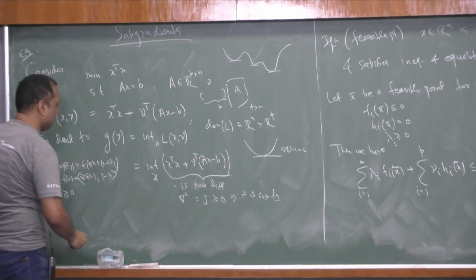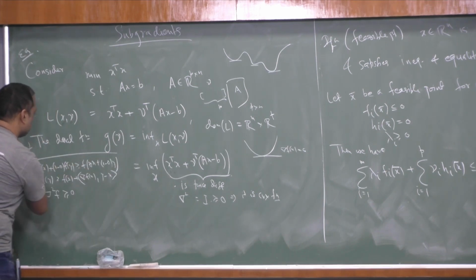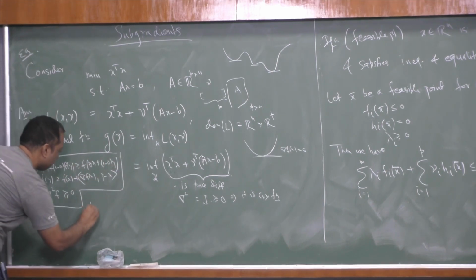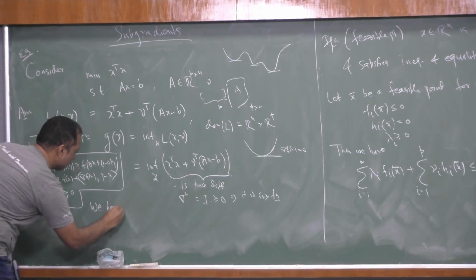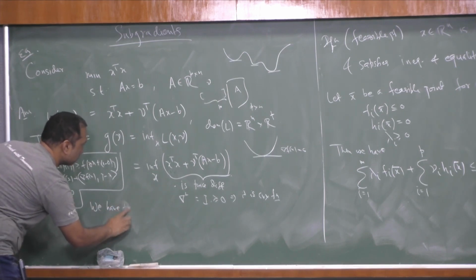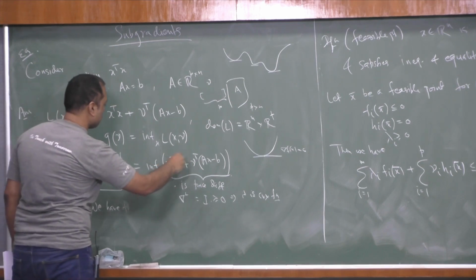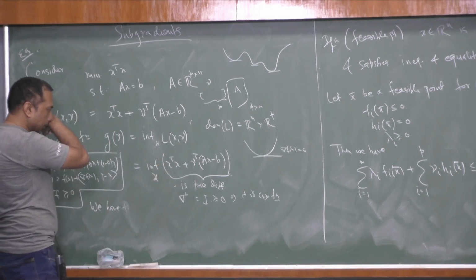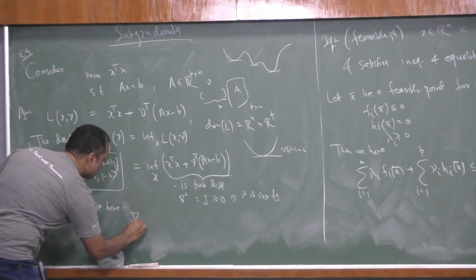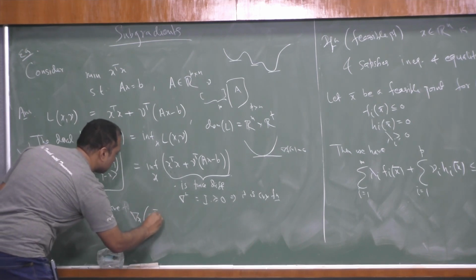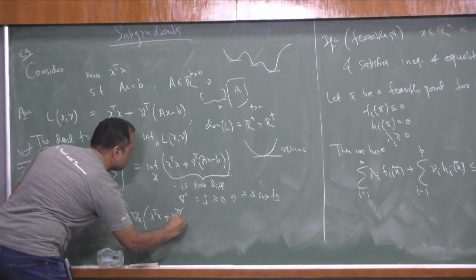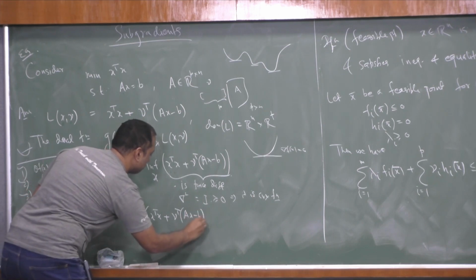So let us say this is grad x of this, right? So we will do one derivative, right? So grad x of x transpose x plus nu transpose (Ax minus b).